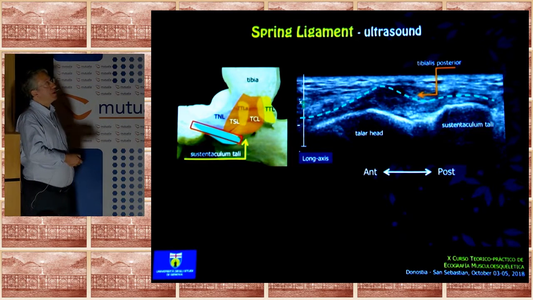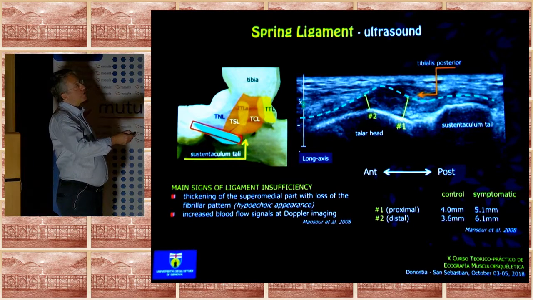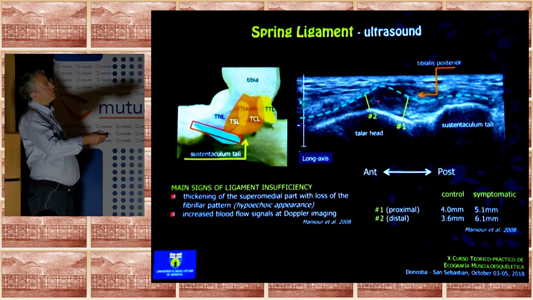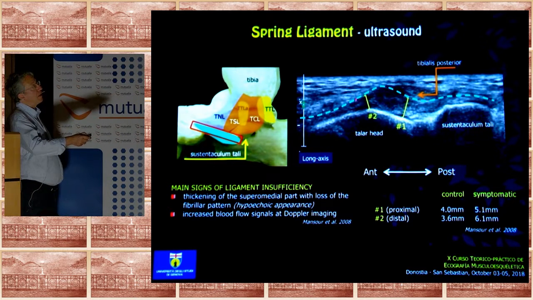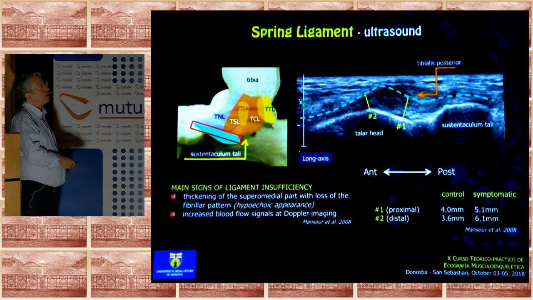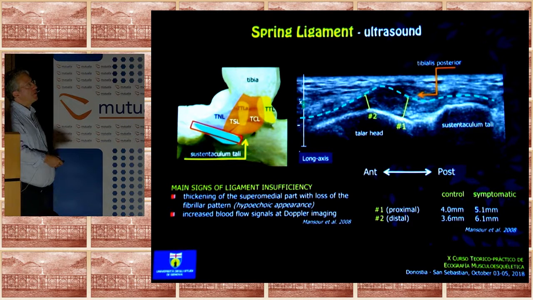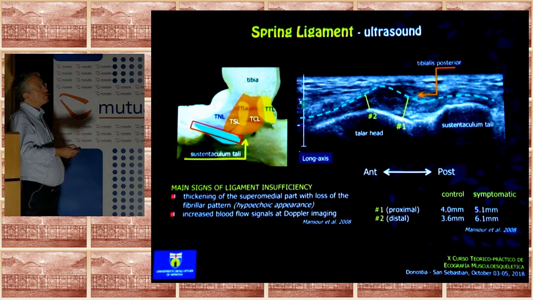Where to measure the ligament? You have to measure here just deep to the tibialis posterior, and then also in a more anterior location. Which are the signs of ligament insufficiency: thickening of the superomedial part with a more heterogeneous echotexture, loss of the fibrillar pattern.